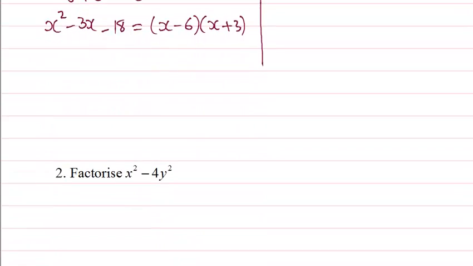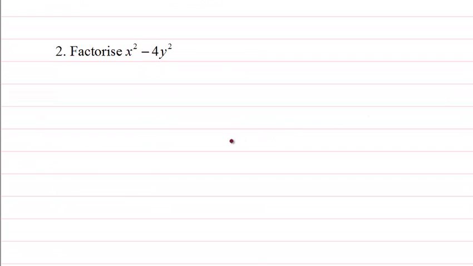Now we can do example 2. Now this is like a difference of 2 squares. We can rewrite this as x squared, but minus 4y squared you write as 2y all squared. Now we have learned this before.